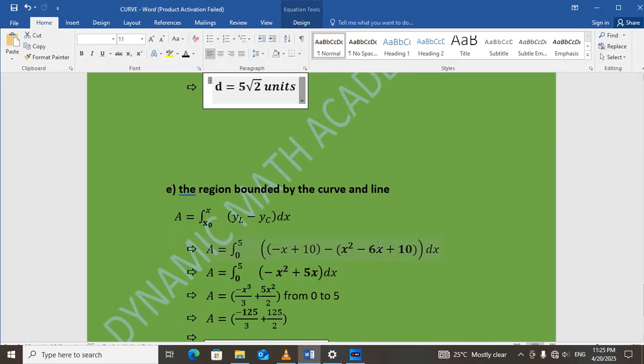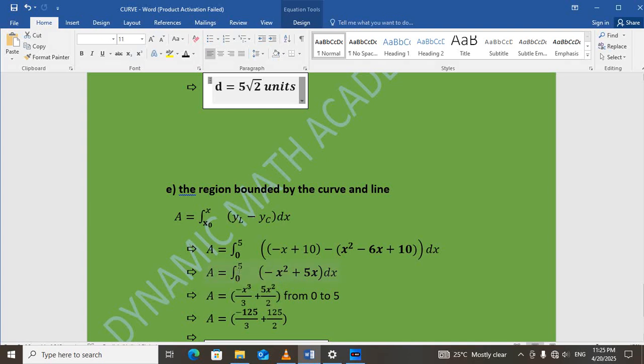If you open this bracket, you realize that 10 minus 10 will disappear, and you play with negative x squared. Now negative x plus 6x will be 5x. Now if you integrate negative x squared, you have minus x cubed on 3. And if you integrate 5x, you have 5x squared on 2.